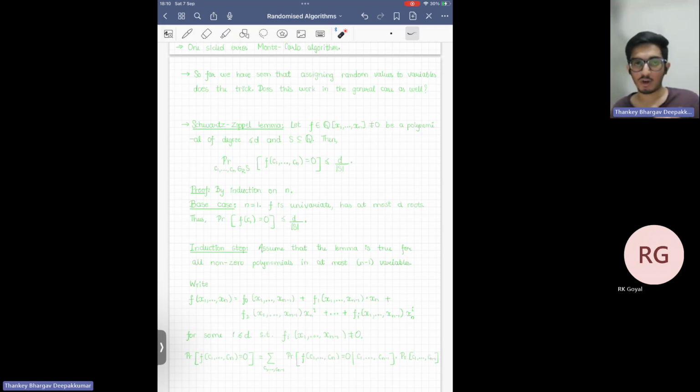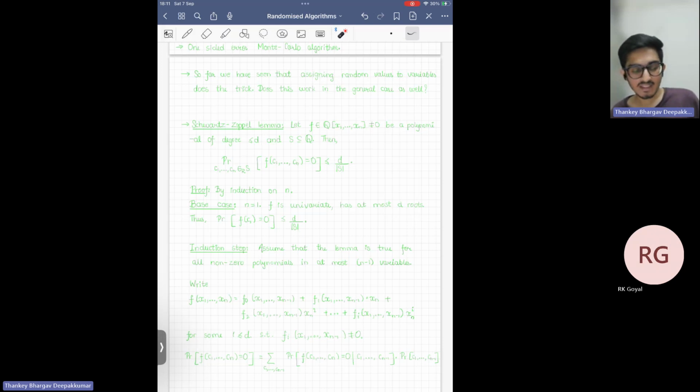One is: given two polynomials, decide whether they are the same or different, equal or not equal. Another definition is the one I have used over here: given a polynomial P, decide whether it's zero or not. But the first definition reduces to the second.